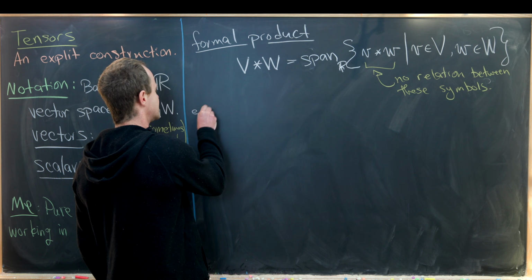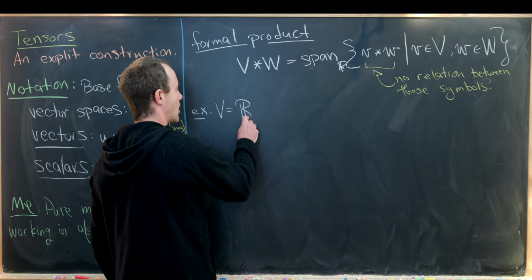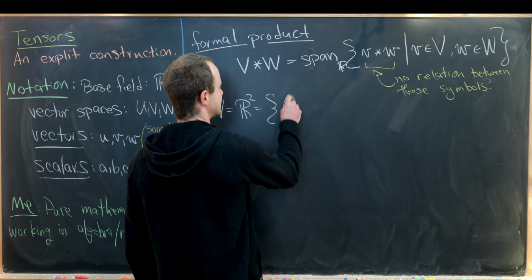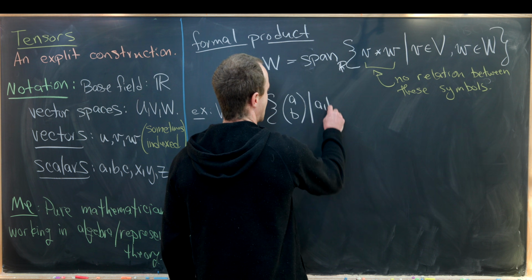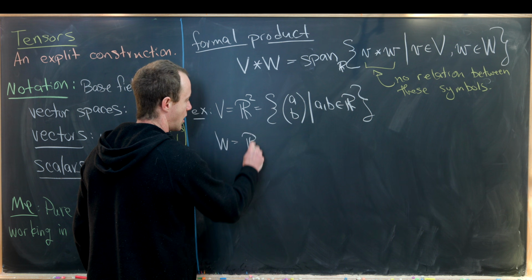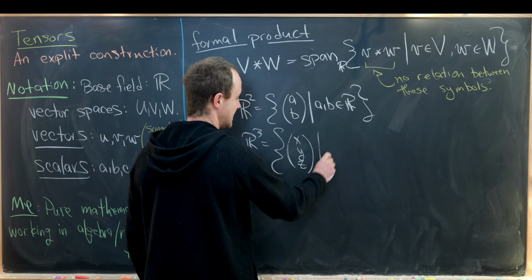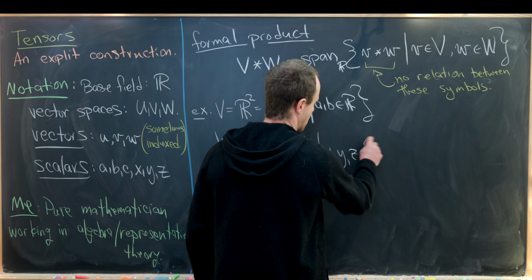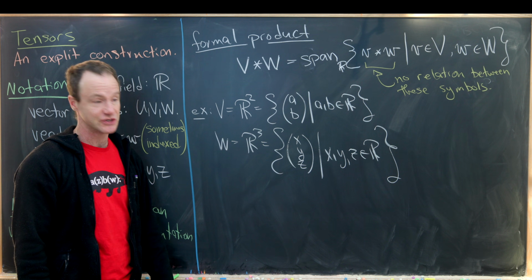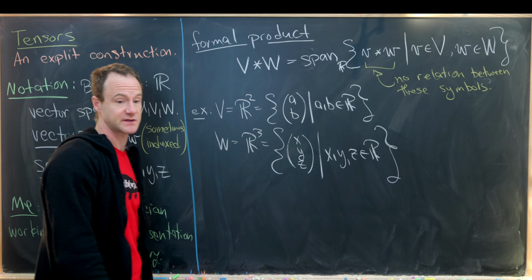Okay, so let's look at a very simple example first. Let's take V to be R2. I'll take that as two-dimensional column vectors, which I'll denote by (a, b), where a and b are in R. And then let's take W to be equal to R3. Here we'll denote that by (x, y, z), where x, y, and z are in R. So this is a two-dimensional vector space that clearly has a basis containing two vectors, and this is a three-dimensional vector space that has a basis containing three vectors.